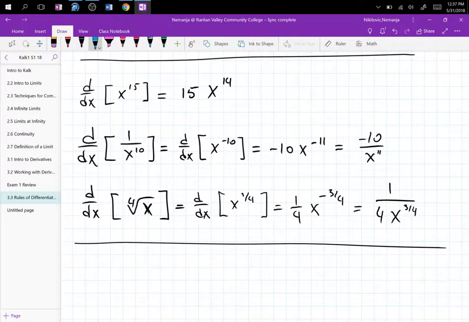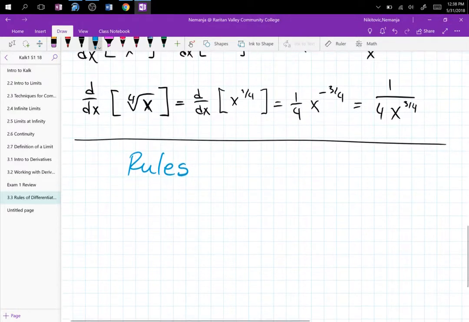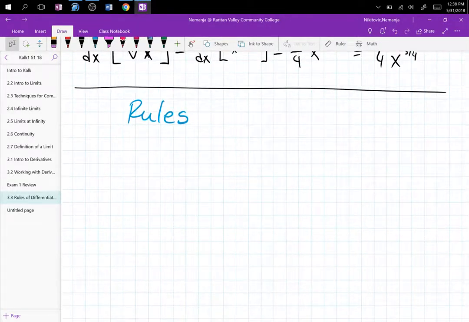Now in blue, we have some rules. One rule says that if you have a function multiplied by a constant, you can kick that constant in front of the differentiation, worry about the function, and then multiply that constant back later.